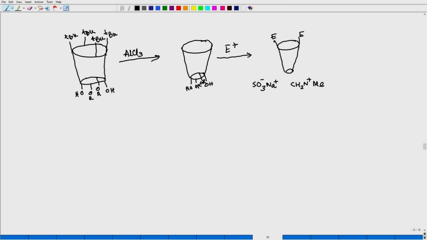I will show you some examples of hybrid structures which I have made and kept here. Okay. So, we can do hybrid structures.